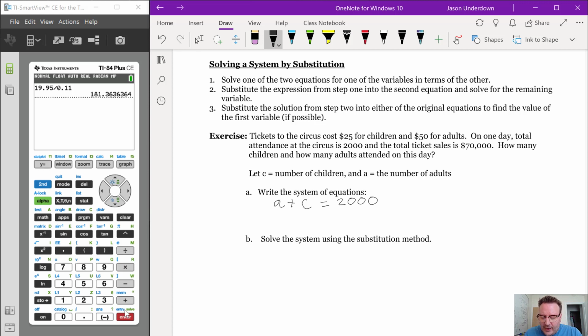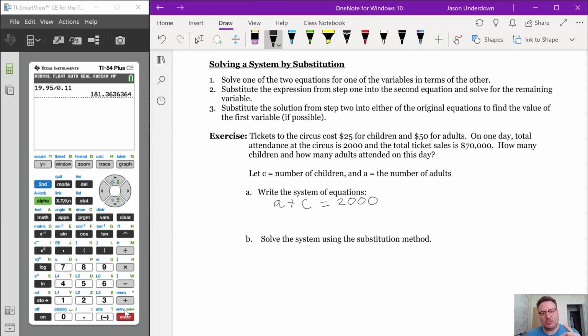Now the other bit of information we're given is the total ticket sales, 70,000. How would I compute that number? Well, I multiply the price of an adult ticket times the number of adults that attended, because the price is $50 per adult.